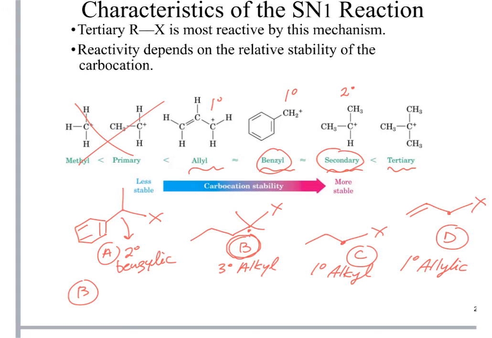So B, tertiary, will be just as reactive as secondary benzylic A, which will be more reactive than D. We're comparing two primary carbons, one alkyl and the other allylic. The allylic carbocation would be delocalized, whereas the alkyl halide and its resultant carbocation would not undergo SN1 type reaction because the carbocation will be too unstable.